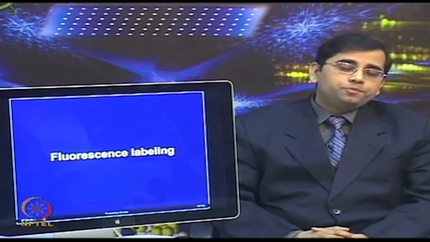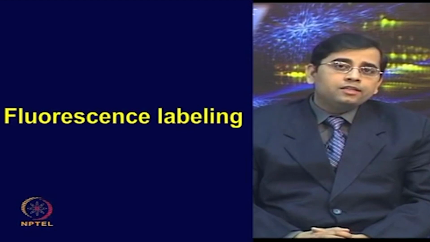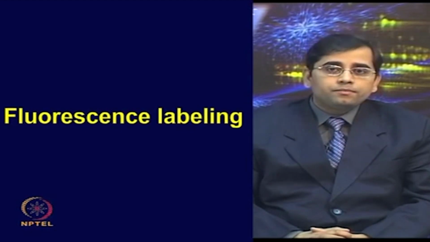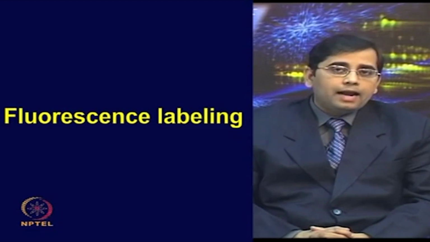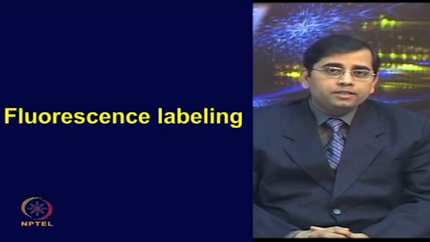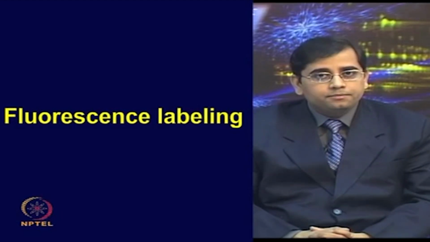Let us now move on to fluorescence labeling. Fluorescence is a phenomenon by which a substance absorbs radiation of one wavelength and emits another, usually the longer wavelength, and that is known as fluorescence.